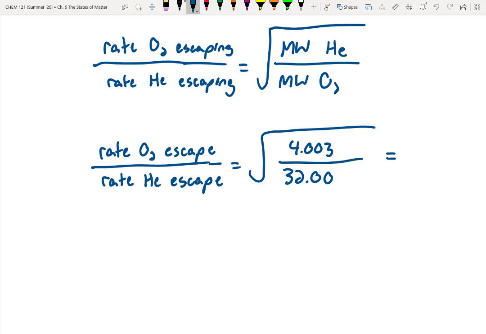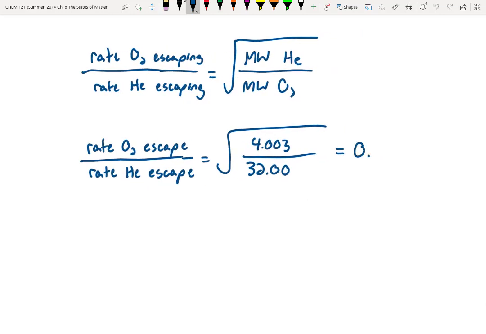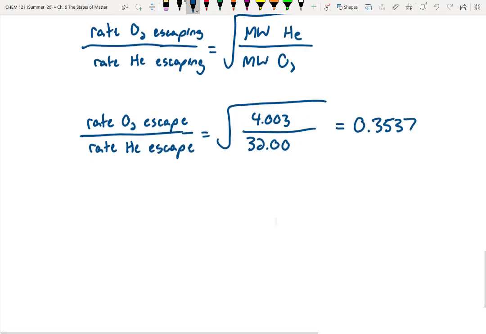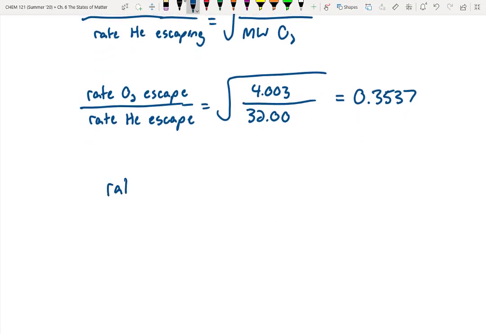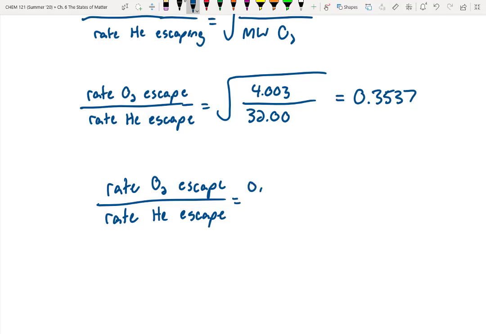And if you plug this into your calculator, you should get 0.3537, which another way of writing this all out is we could say that the rate of O2 escape over the rate of helium escaping is going to be equal to 0.3537 over 1, right?